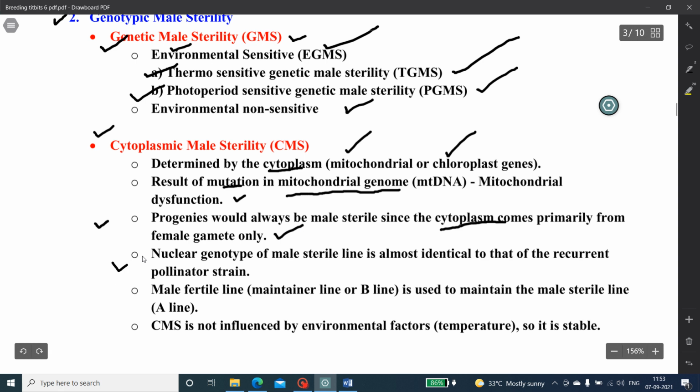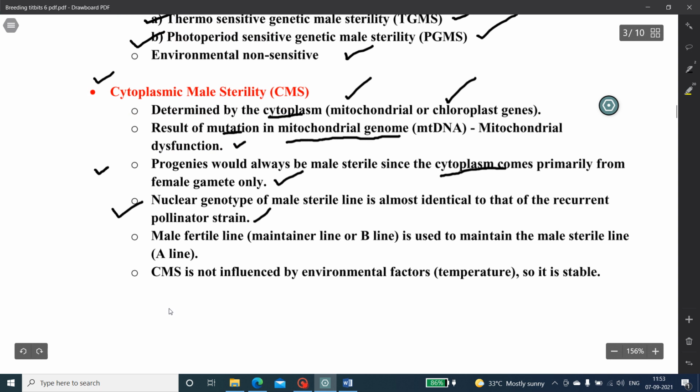And the nuclear genotype of the male sterile line is almost identical to that of the recurrent pollinator strain. The male fertile line, that is the maintainer line or B line, is used to maintain the male sterile line, that is the A line.